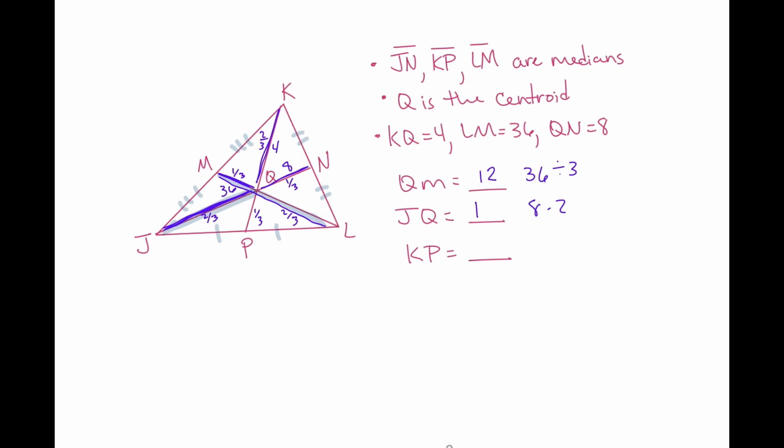Then we have the last one. It says find QP. I have my 2/3 right here, which is 4. I have to find my 1/3 and then add it. So 4 divided by 2 equals 2. Now we go 4 plus 2 and you get 6.